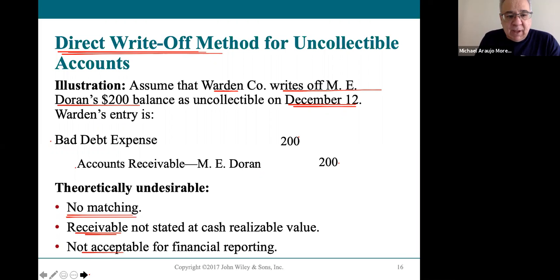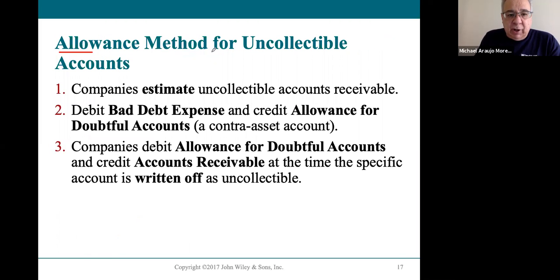Okay. In GAAP, we have to use something called an allowance method. And basically, this is how it works. The first step is companies estimate what they believe their uncollectible accounts will be. The estimate has to come at the end of the year. This only happens at the end of the accounting year. Okay.